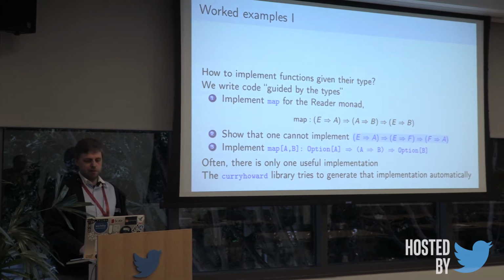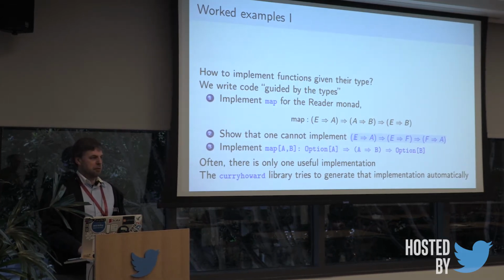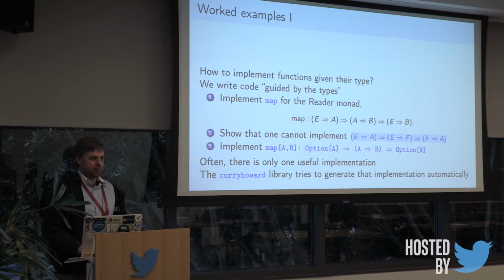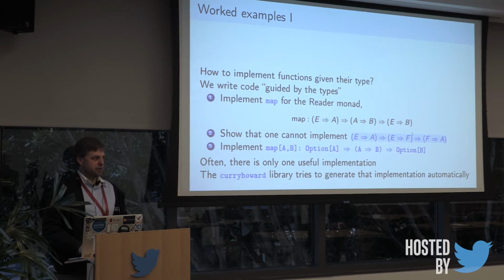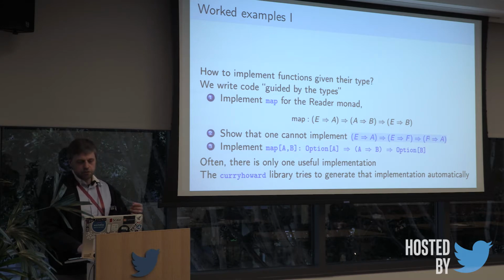I'm trying to map on the contravariant type parameter, and that doesn't work. And so you cannot actually generate code for this function, because in order to generate an A, you need to call this function on an E, and you don't get an E anywhere.